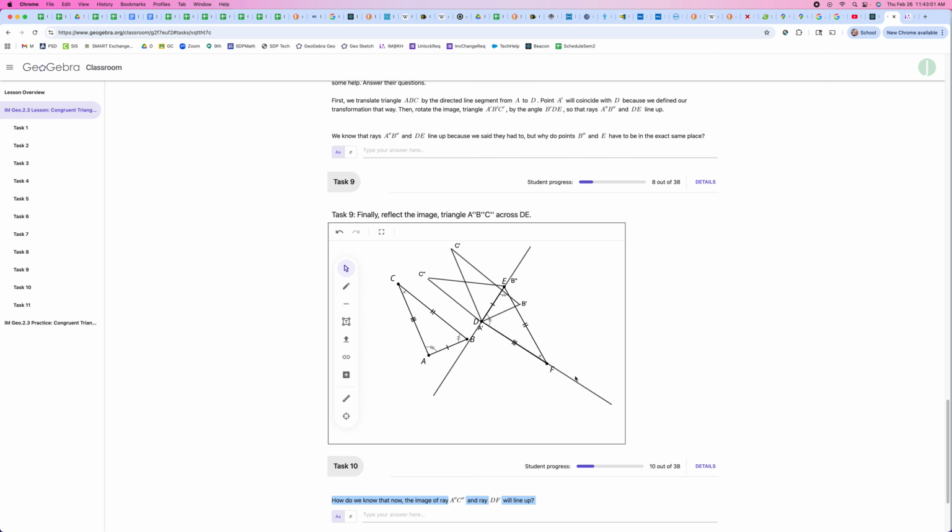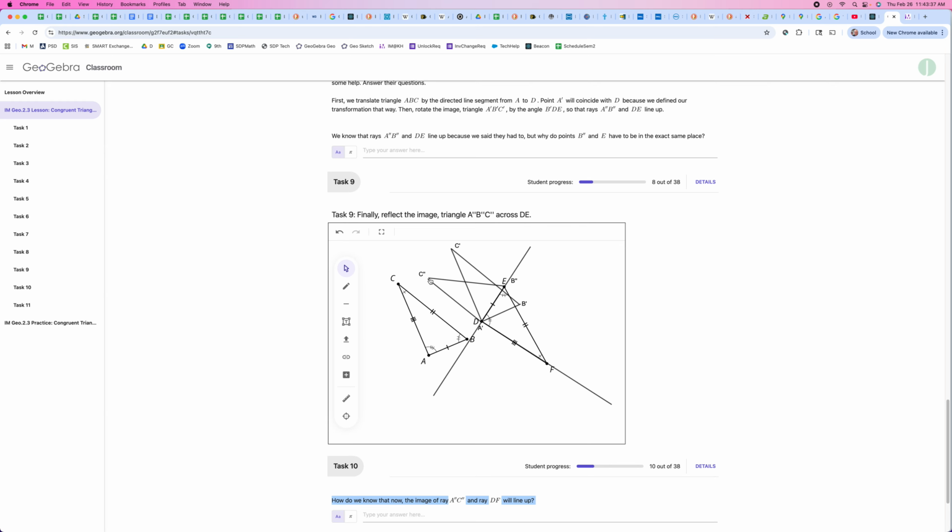Well, if this triangle, our original triangle down here, DEF, if this edge is decided by this angle right here, isn't it? The one by corner D. And when I reflect, this edge is still staying the same. When I reflect triangle A double prime, B double prime, C double prime, this edge still stays the same.